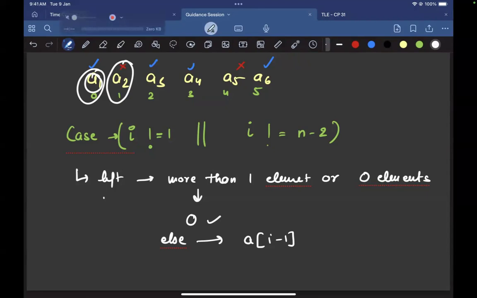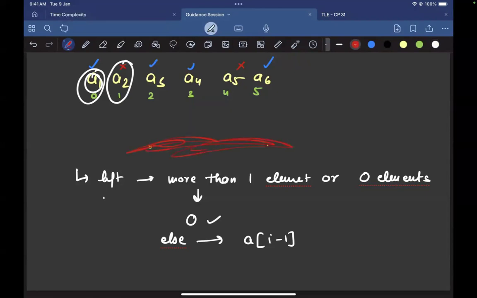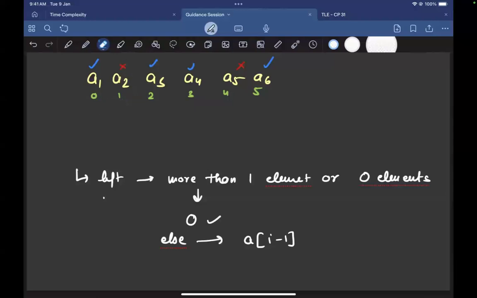Okay. So by this overall idea, I have basically found left and right. I have found a left and I found a right. Okay. I hope this is clear. I found a left, right now I can do the same thing and I can find the right.